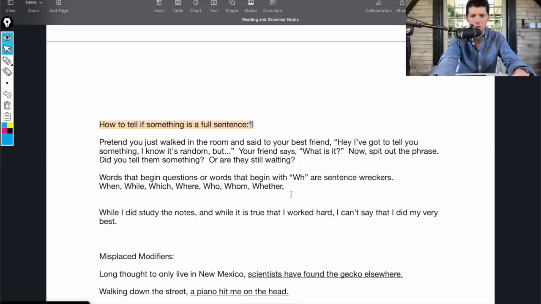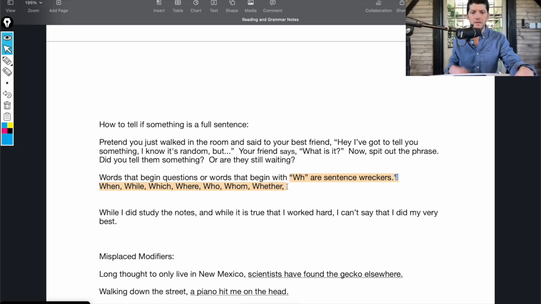And one other thing I want to bring up right away is that there are these words that make things that were potentially full sentences into not full sentences. I call them sentence wreckers. WH words. When, while, which, where, who, whom, whether. There's probably more. But I could say, I believe in truth.